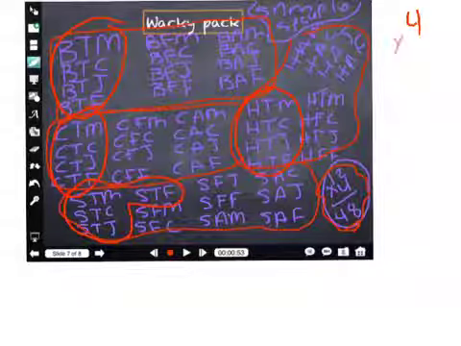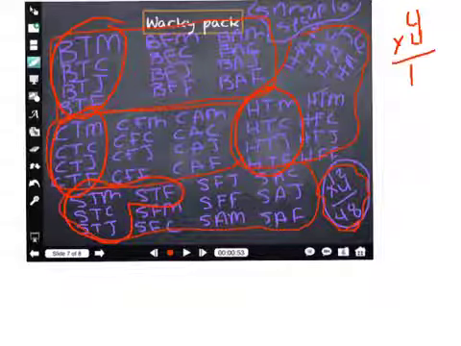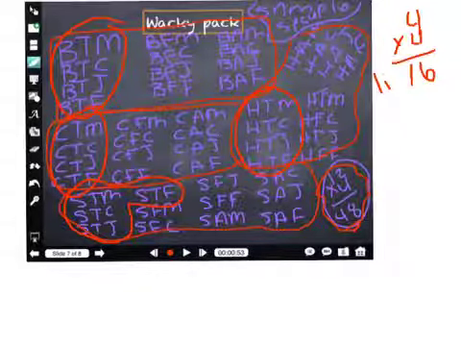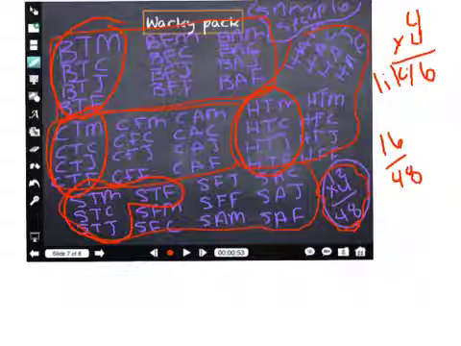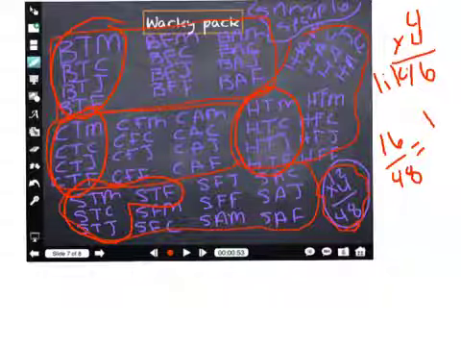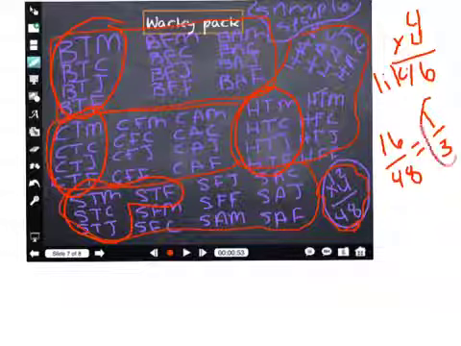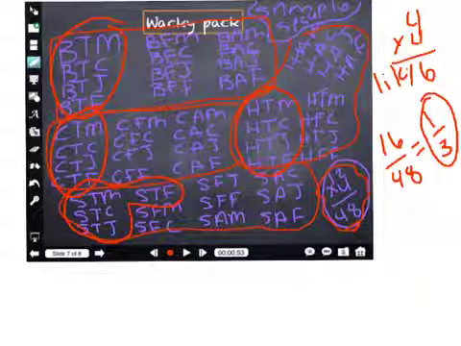So 4 combinations times 4 entrees is 16 possible. So your favorable outcomes are 16. So 16/48 is the probability of getting tots, which is equivalent to 1/3. So you have a 1 in 3 chance of ordering a combination that includes tots.